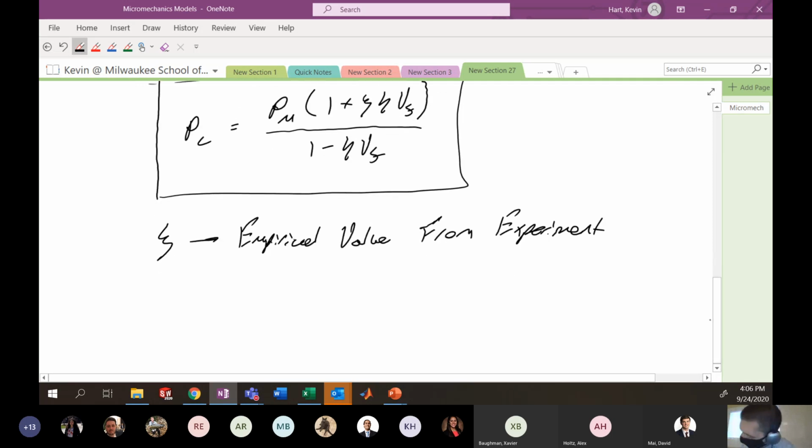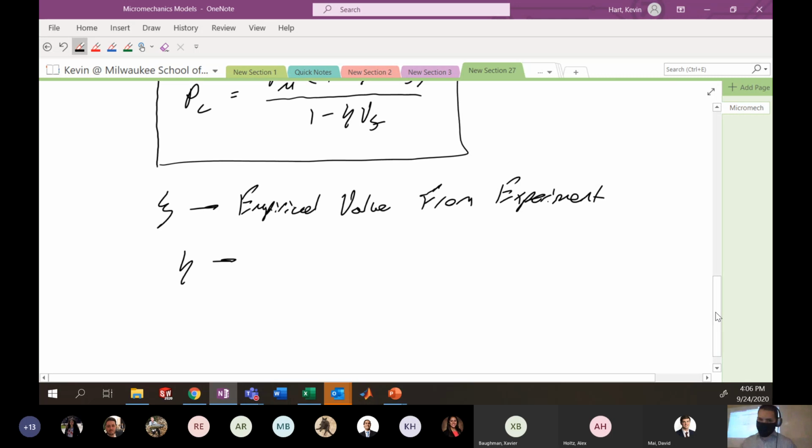And eta is a combination of the properties of your individual constituents and the value of psi in that equation above. So eta here is property of the fiber over property of the matrix minus 1, divided by property of the fiber divided by property of the matrix plus psi. There's your equation for eta.